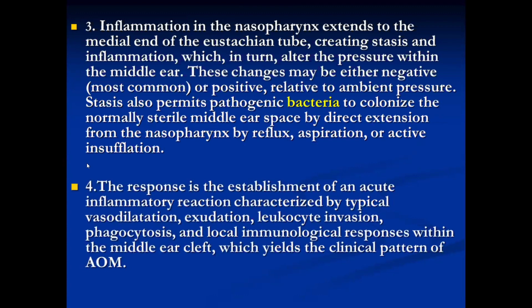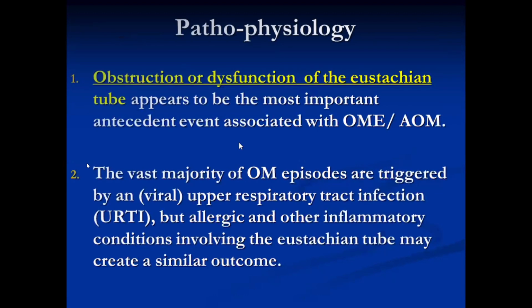Now, when the eustachian tube doesn't work properly, there's congestion with negative pressure. You'll have oxygen, nitrogen, and carbon dioxide, the main gases in the middle ear. If the tube is not functioning, or because of obstruction, it is thought that the gases get absorbed.